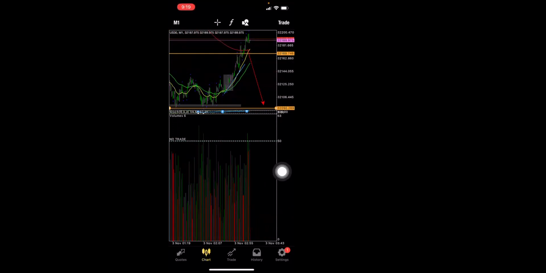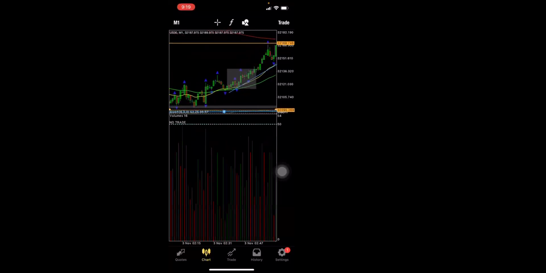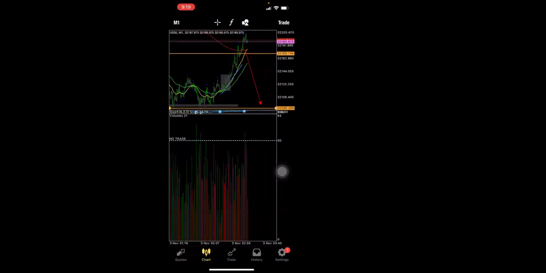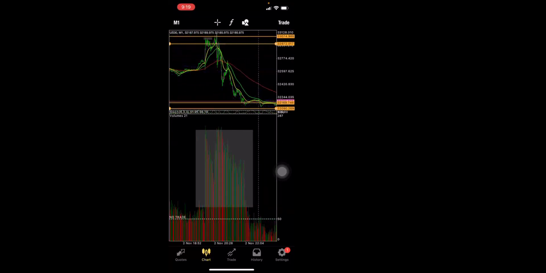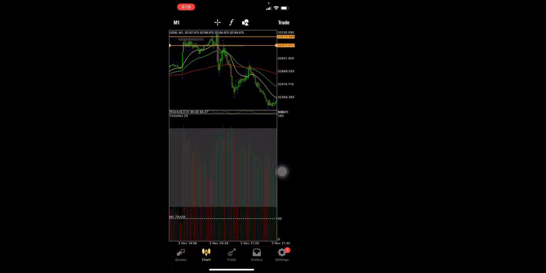Yeah. If anything is above 50, I definitely trade it. If it's under 50, I try not to trade it because it doesn't move enough for my liking. As you can see, it's loads of candles right here just for this small move. It took all these candles. As opposed to this, look how much movement you get.